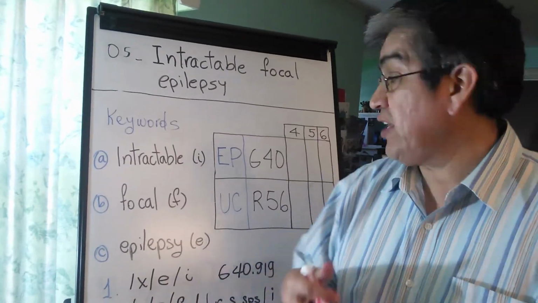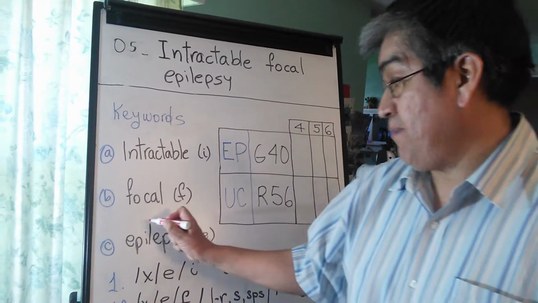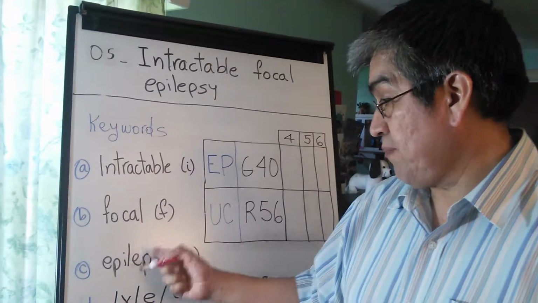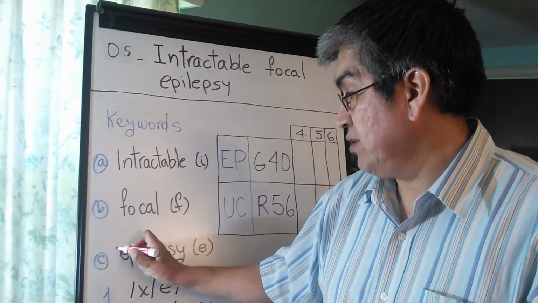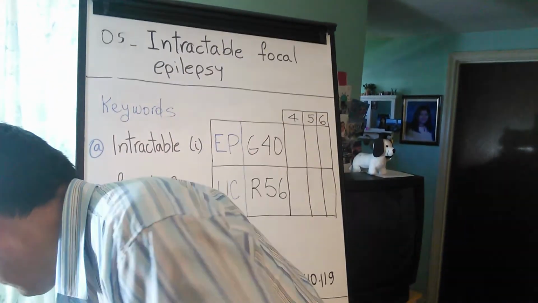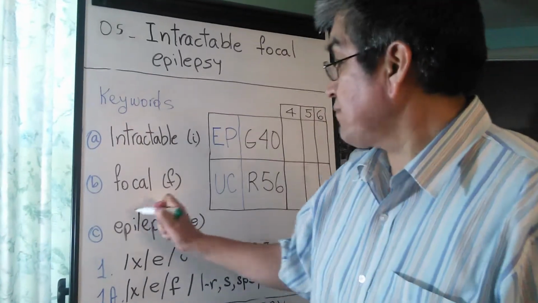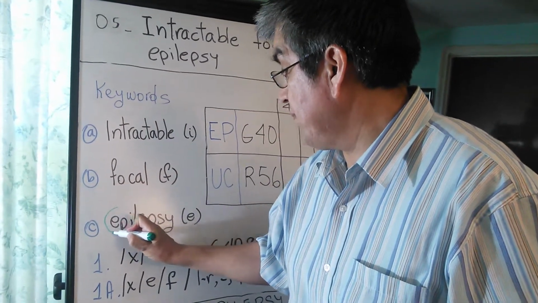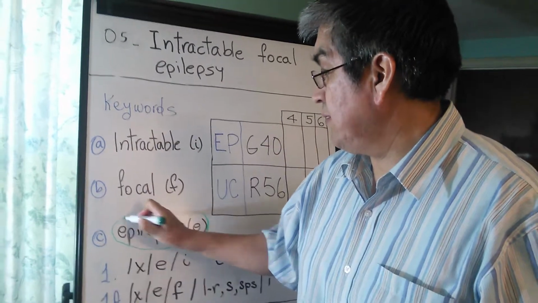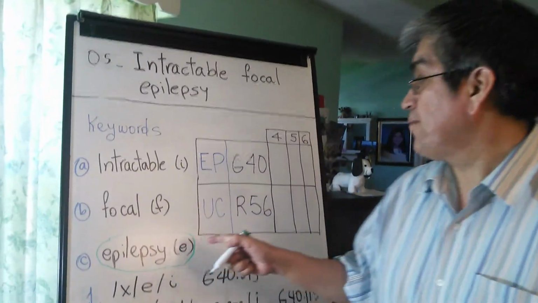As we did in the previous video, the noun would be epilepsy, because intractable and focal are just descriptions of the main condition, which is epilepsy. Okay, that's the main condition.